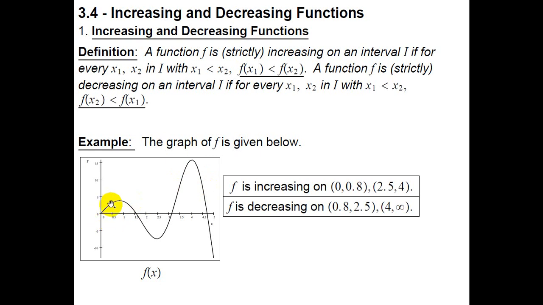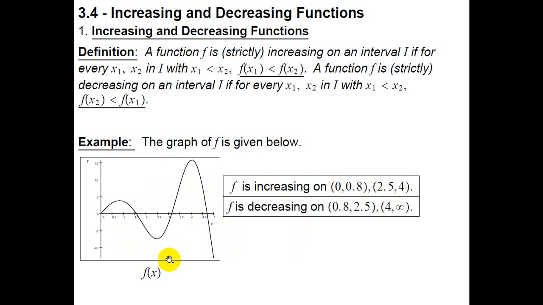So we can easily visualize the increasing and decreasing property of any function from this curve, and it is defined with this particular statement here. If it is said f is increasing on 0 to 0.8, it means f is increasing from 0 to 0.8, and again it is also increasing from 2.5 to 4.